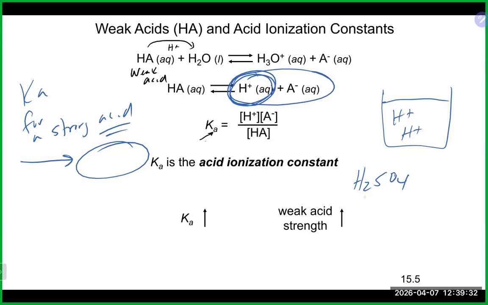The reason sulfuric acid is sometimes found on Ka tables is because it's a diprotic acid, and the second part of sulfuric acid is a weak acid. So that guy will be on the table with an actual number, but sometimes you may see sulfuric acid, and usually they'll just say it's large, which obviously means nothing to worry about for its Ka value.